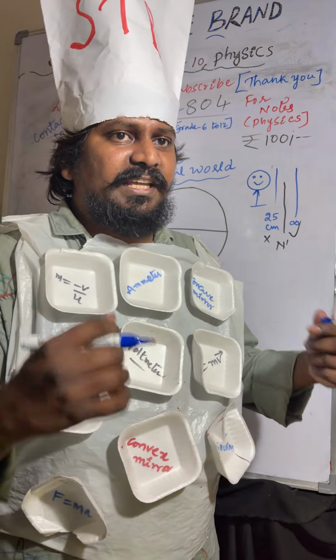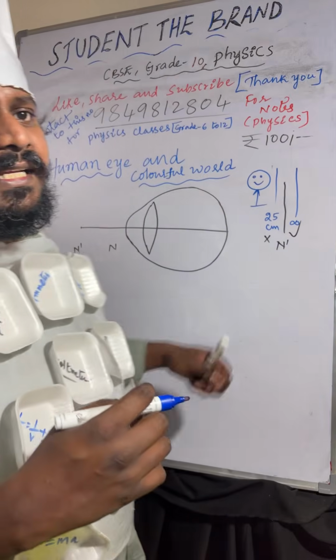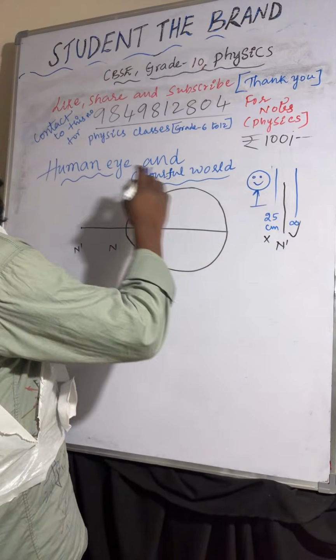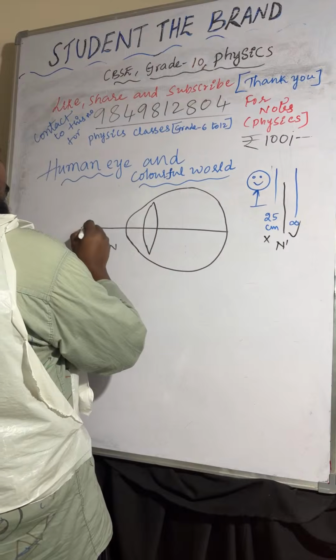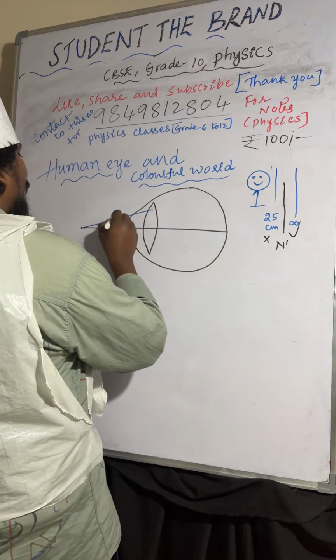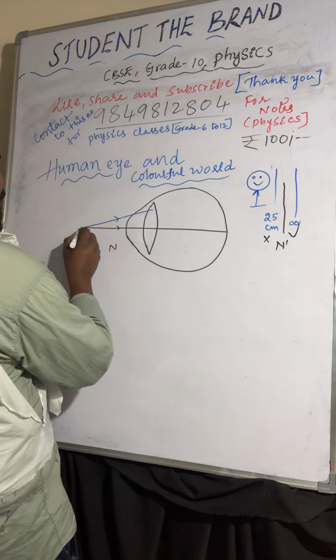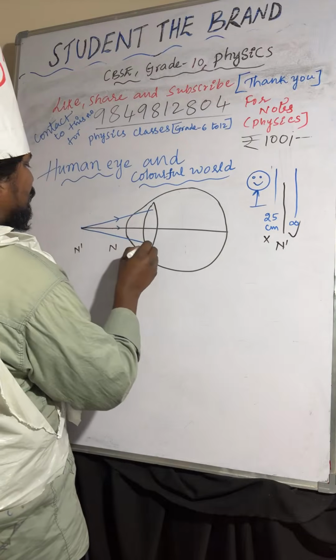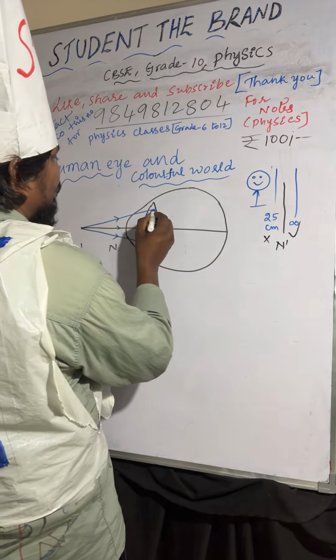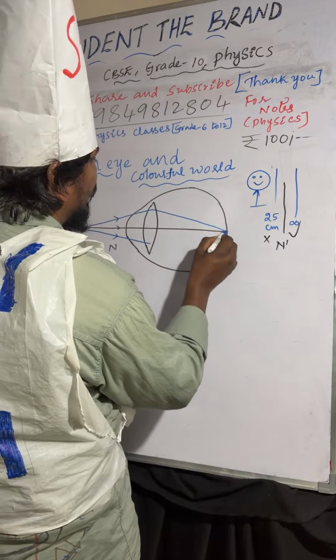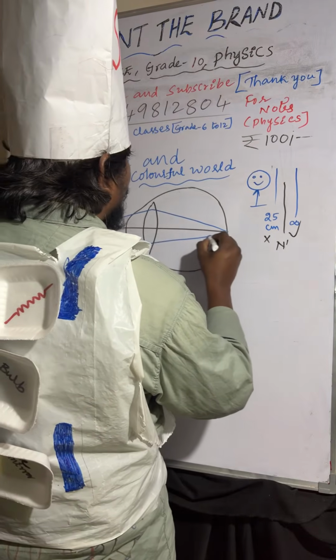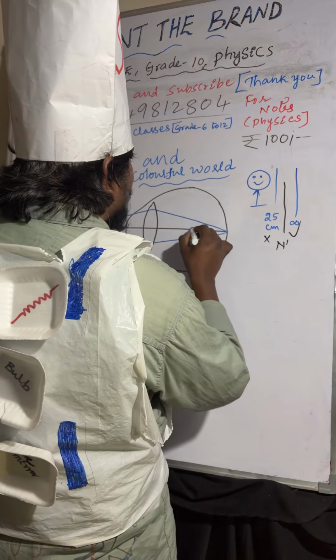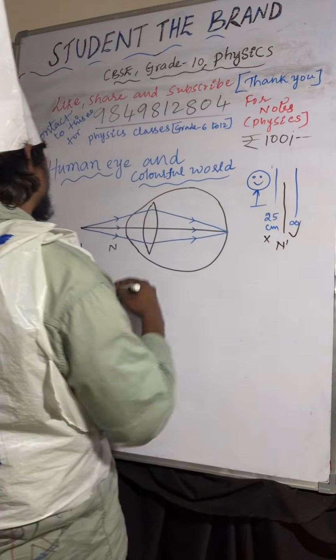If the light rays are coming from N dash, those light rays will meet at the retina. Yes or no? Yes.